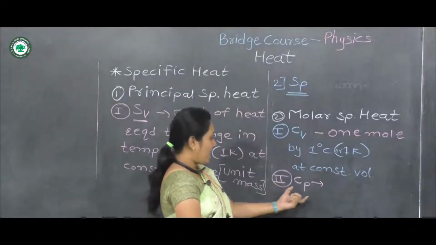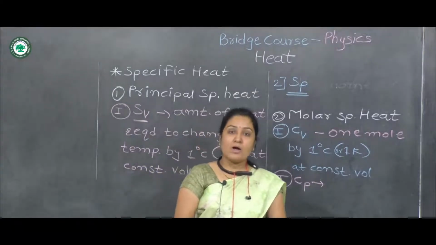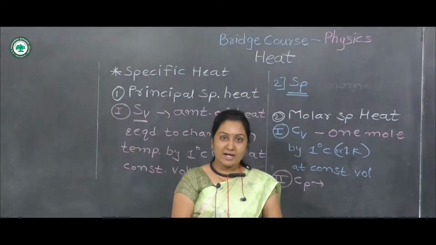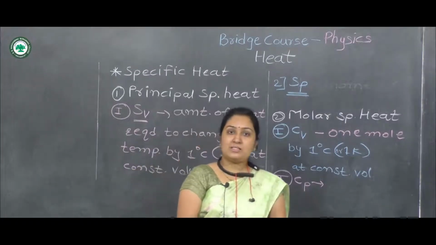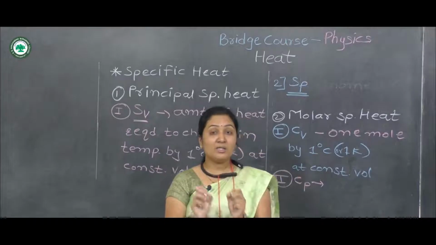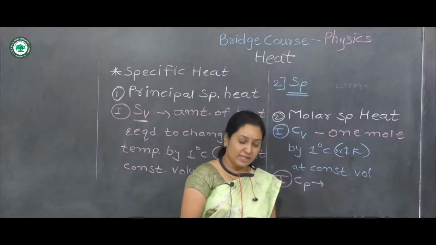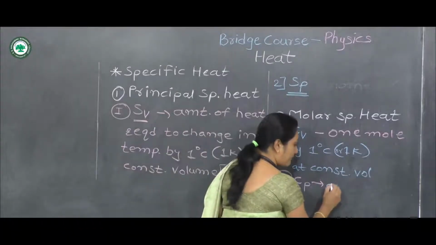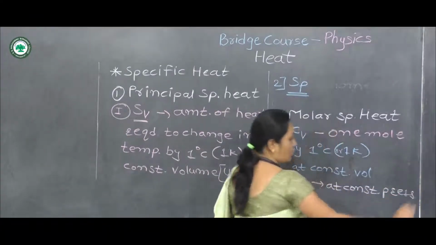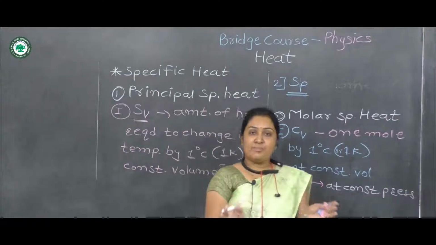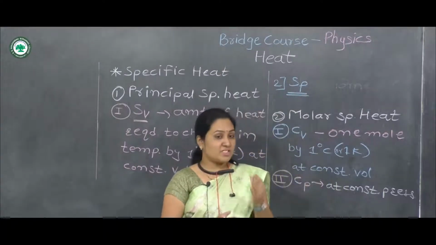The molar specific heat at constant pressure is defined as the amount of heat required to increase the temperature of 1 mole of gas by 1 degree Celsius or 1 Kelvin at constant pressure.